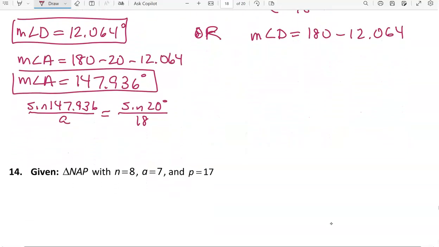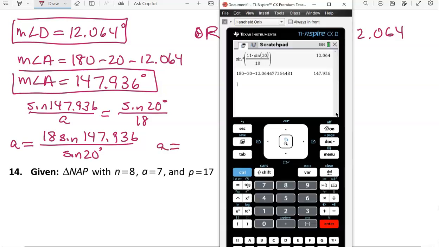Okay, I'm going to cross multiply and divide at the same time, and side A is 18 times the sine of 147.936 divided by the sine of 20. So A is equal to, control divide for a fraction, 18 times the sine of 147.936. This is an approximate value, so I'll use the answer feature to enter it, divided by the sine of 20, and that gives us 27.939.